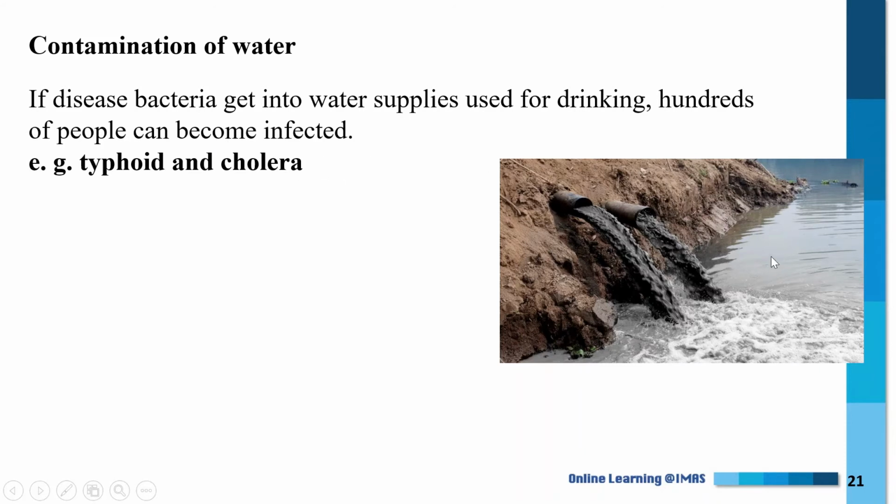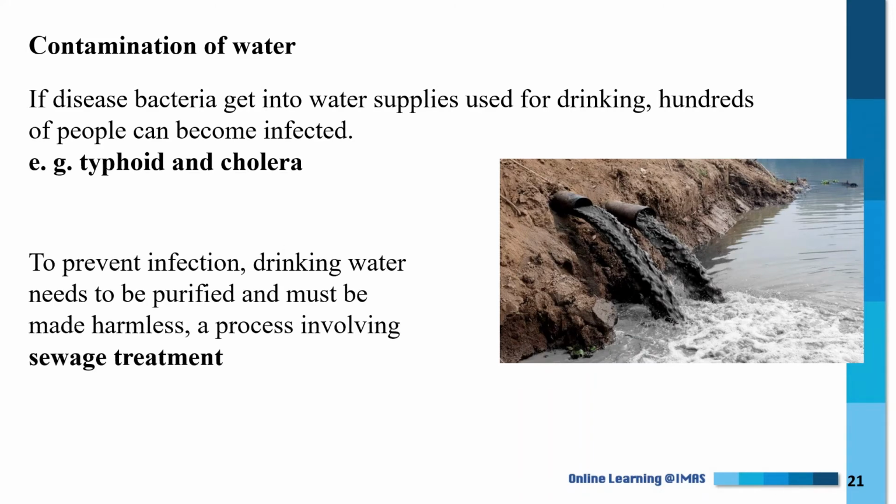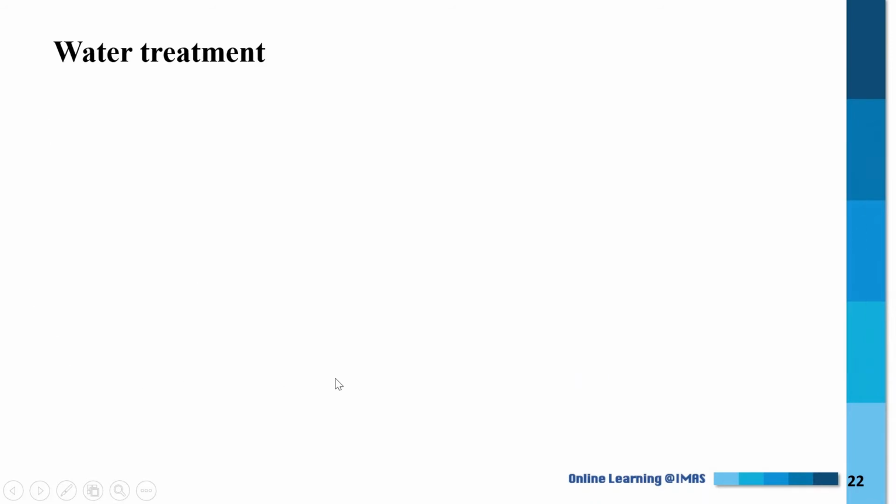More people will become infected, like in the example here, typhoid and cholera. If you remember, cholera we get when we drink water contaminated with human feces or animal feces. So to prevent this infection, drinking water needs to be purified and made harmless, and this is the process called sewage treatment.